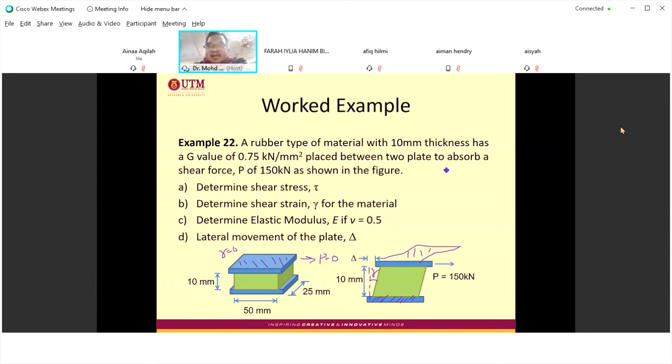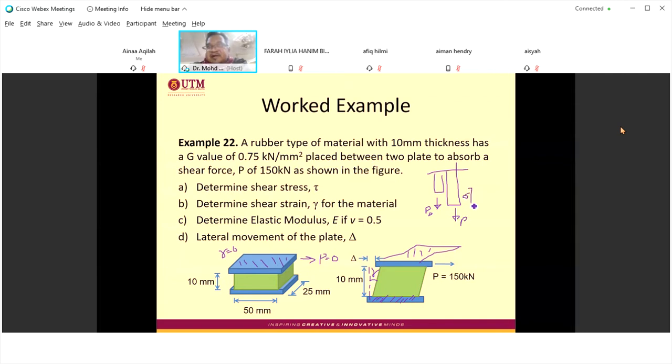Same like this one. When P equals 0, there are no forces, no deformation. But when P has a value, this is your deformation.